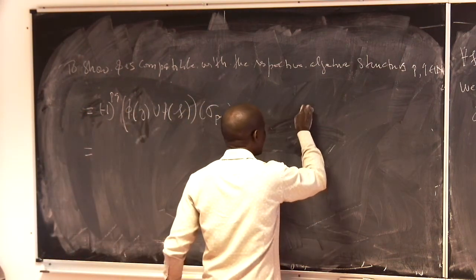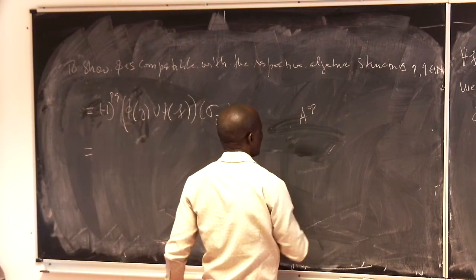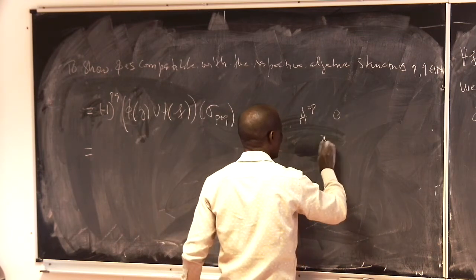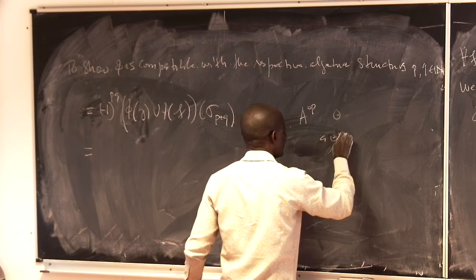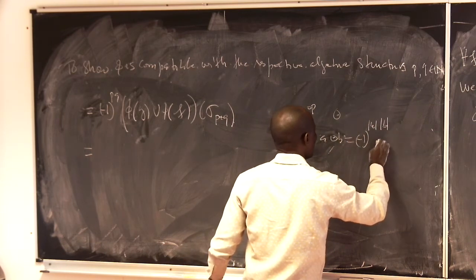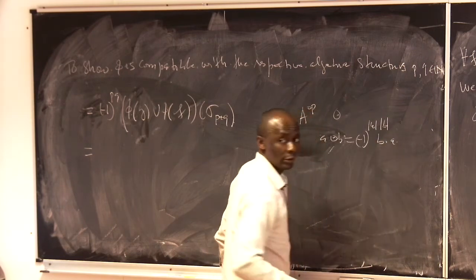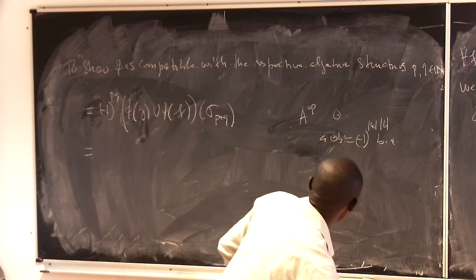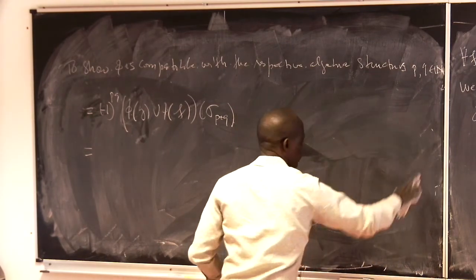remember that when you have the opposite algebra, the product in the opposite algebra denoted by this, when you have A dot B, it is equal to (-1)^{degree of A, degree of B} B dot A, something like this. I said it at the beginning of these lectures.